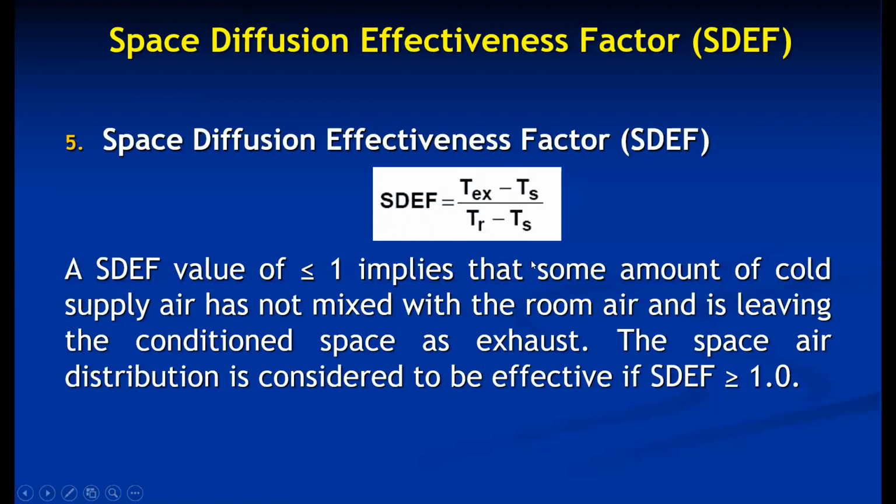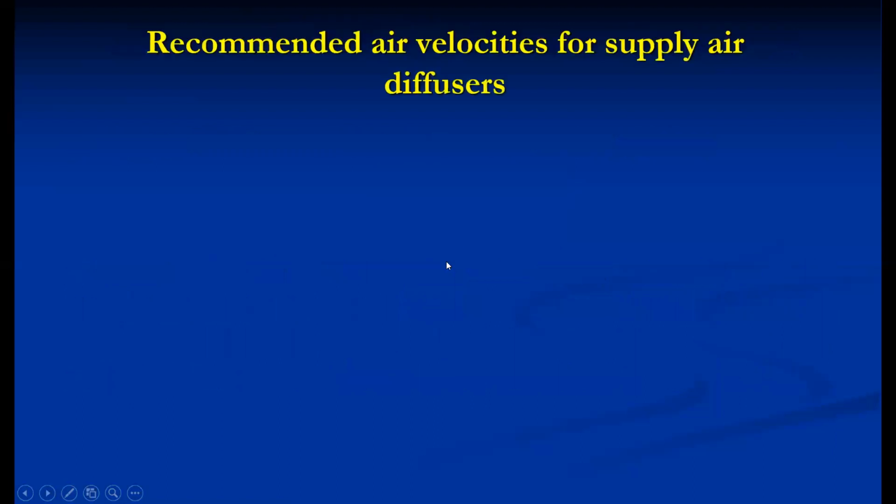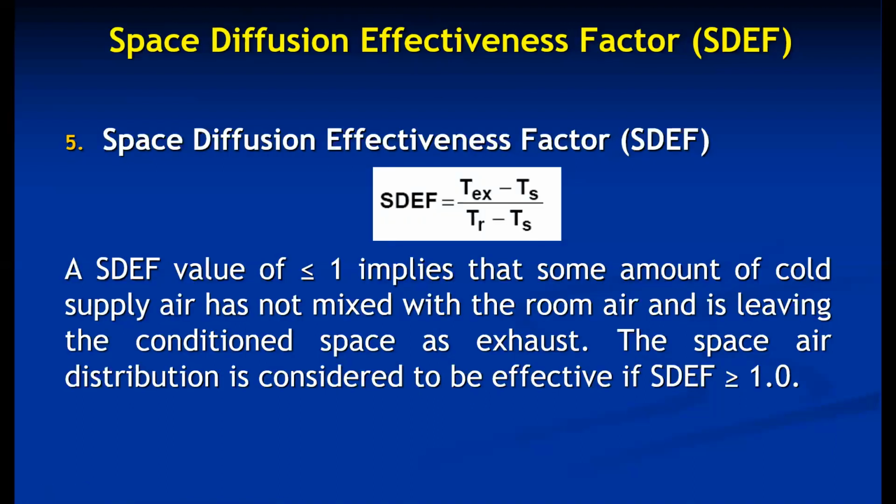These are the factors that need to be taken into account. Generally, three parameters are measured, that is EDT, ADPI, and the space diffusion effectiveness factor, and based on these the effectiveness of the air distribution system is investigated.